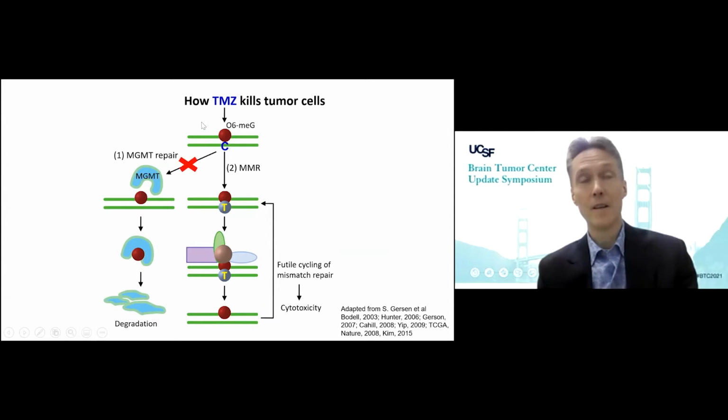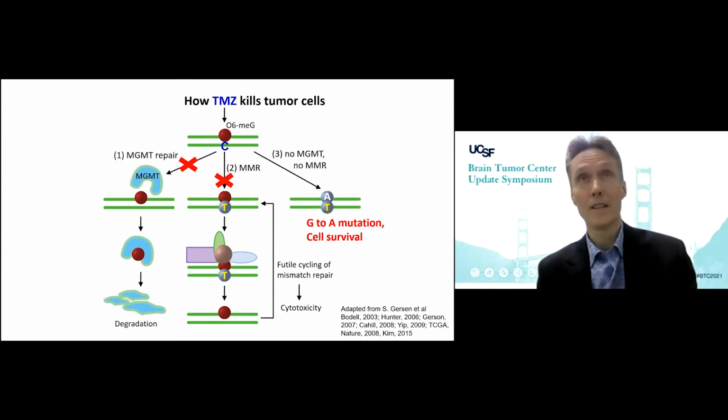In contrast, in MGMT methylated cases, the damage is not repaired, and a second repair mechanism kicks in, mismatch repair, but that results in this futile cycling that ultimately will kill the tumor cell. And so this is how temozolomide actually kills glioma cells. However, if this mismatch repair system is also inactivated, this normally cytotoxic agent can in fact be mutagenic.